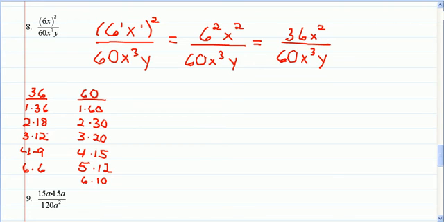And if I look at my two lists, the largest number that they have in common is 12. So if I divide 36 by 12, I get 3, and 60 by 12, I get 5.